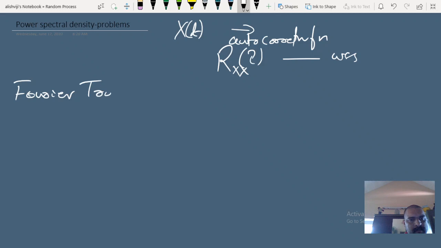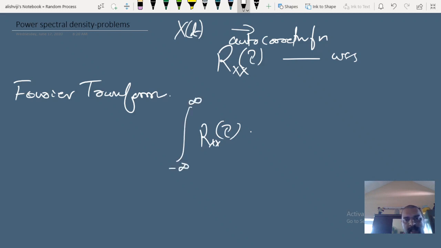I think you have an idea about Fourier transforms. The Fourier transform of this autocorrelation function R_xx is defined as the integral from minus infinity to plus infinity of R_xx of tau into e raised to minus i omega tau d tau. This is the Fourier transform of R_xx of tau.